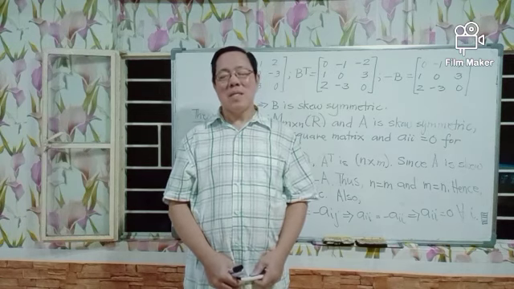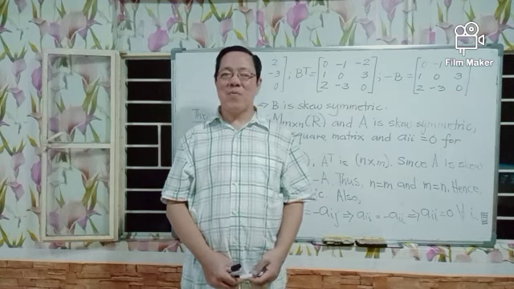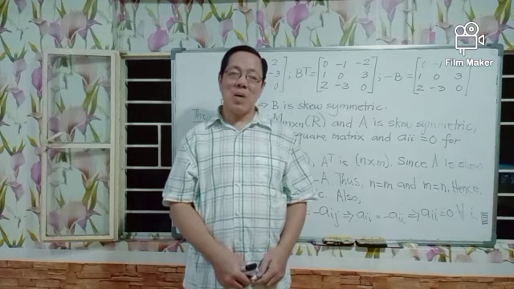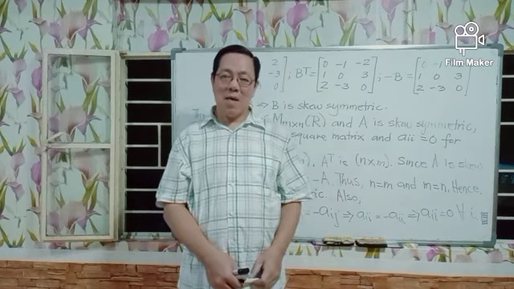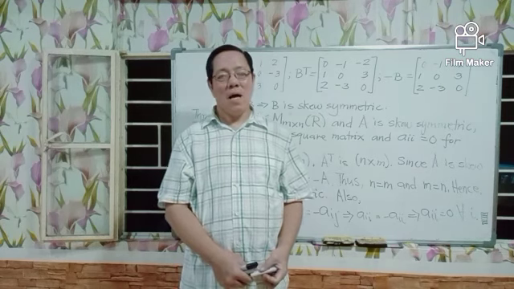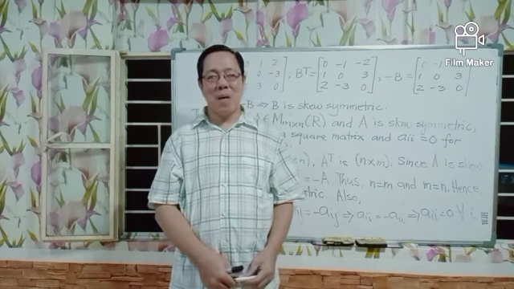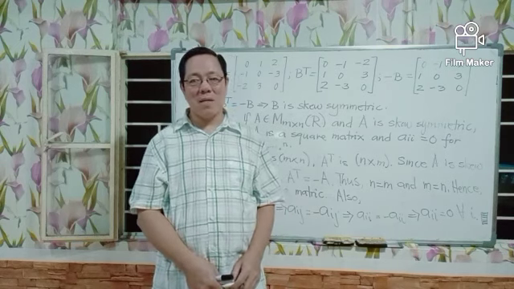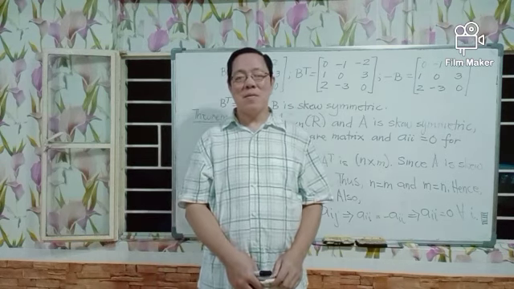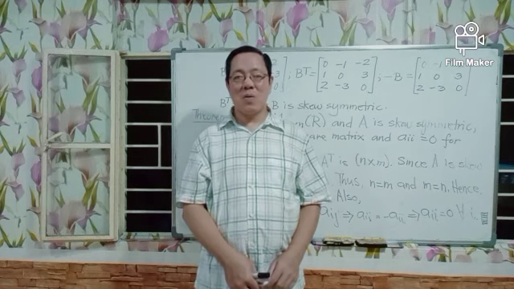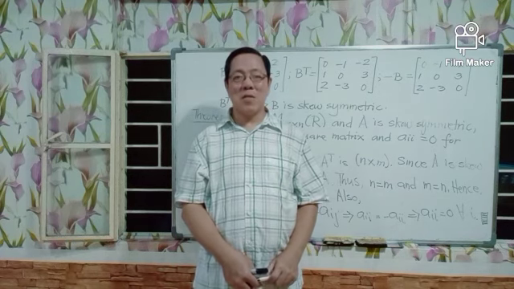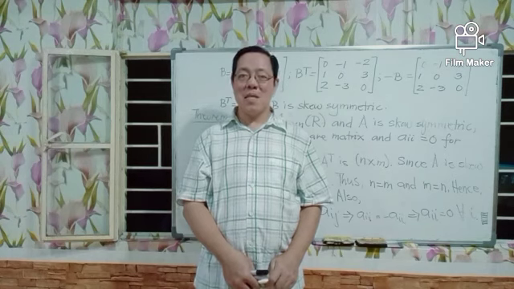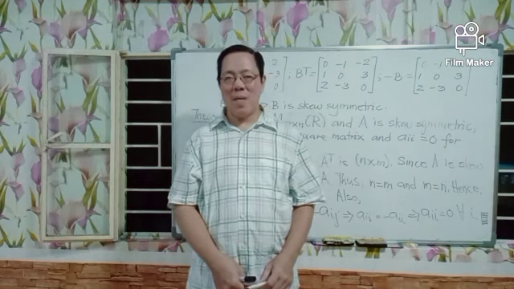Again, this property of a square matrix A, which has the same number of rows and the same number of columns: if a matrix A is a square matrix, then A minus the transpose of A is skew-symmetric, and A plus the transpose of A is symmetric.